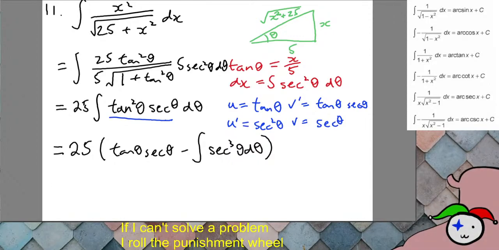Secant cubed we can also write as secant times secant squared, which is 1 plus tan squared. Can we somehow derive that back into it? No, because... yeah, I don't really have a clue here.